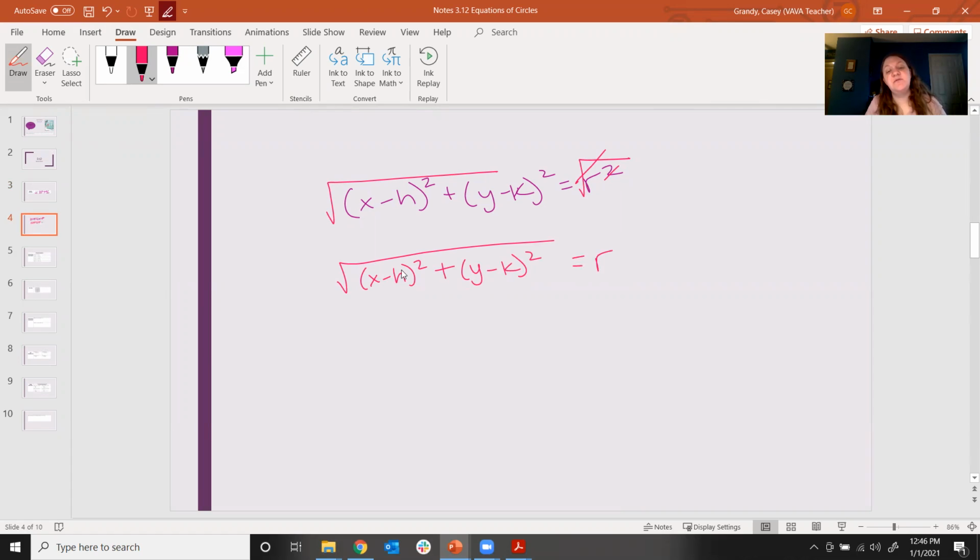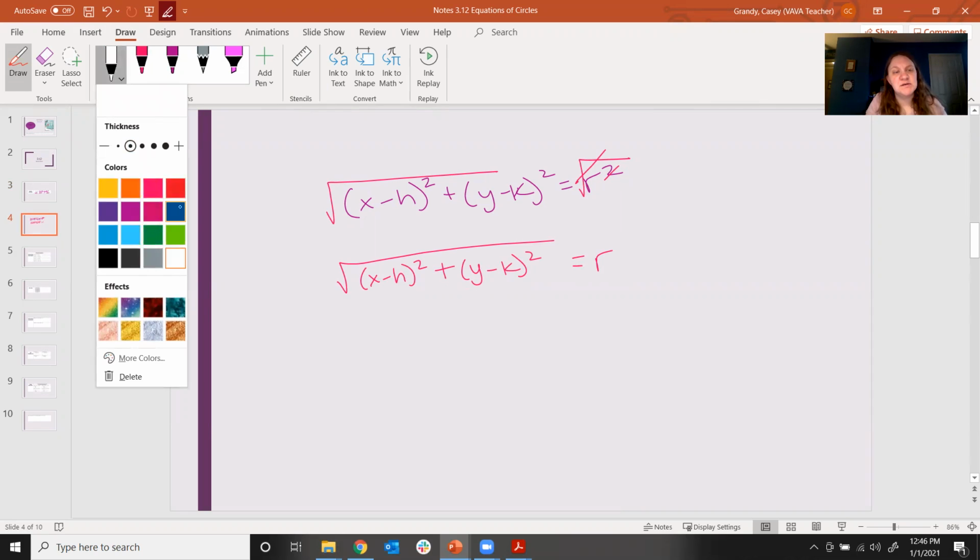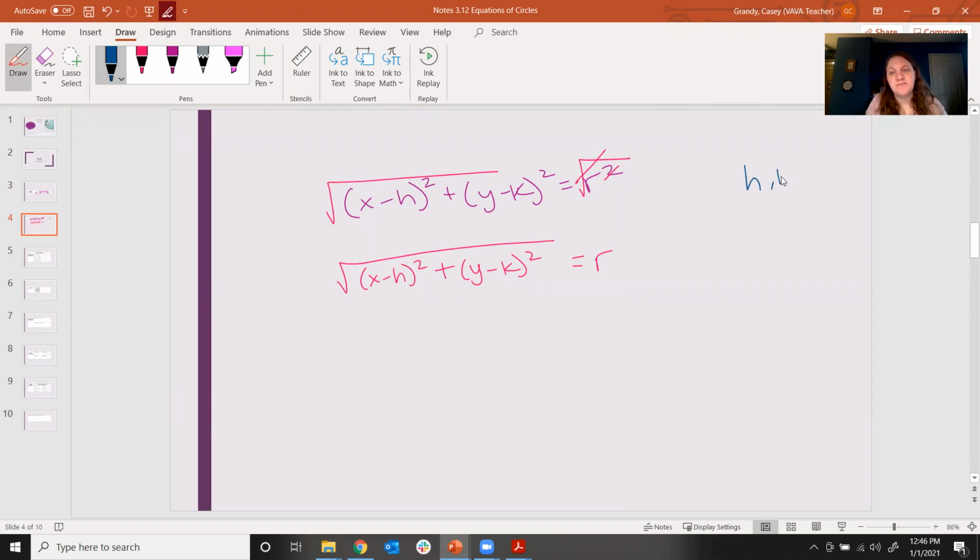Does this remind you of anything? Remember that h and k are a point. Remember, a point is always in the form x, y. So what if I called this x2, y2? That's a coordinate.